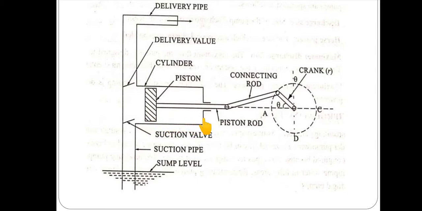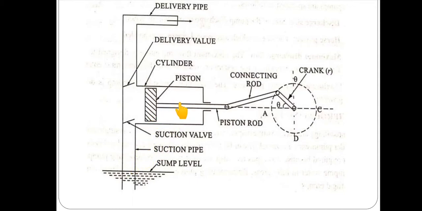This creates a vacuum inside the cylinder. Vacuum means pressure decreases. Initially it was atmospheric and the pressure decreases in the cylinder, which creates suction. During this process the suction valve will open, and water from the sump is drawn into the cylinder through the suction pipe.